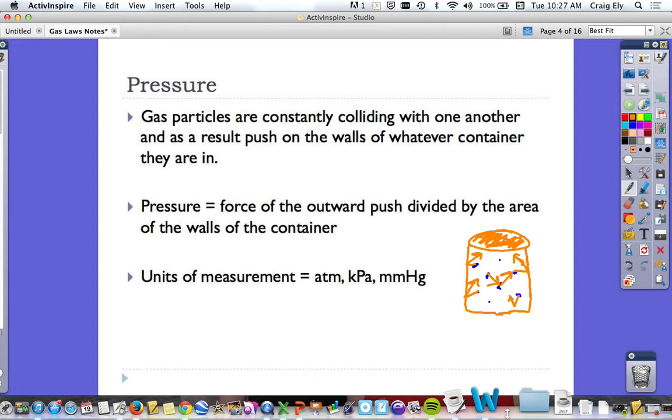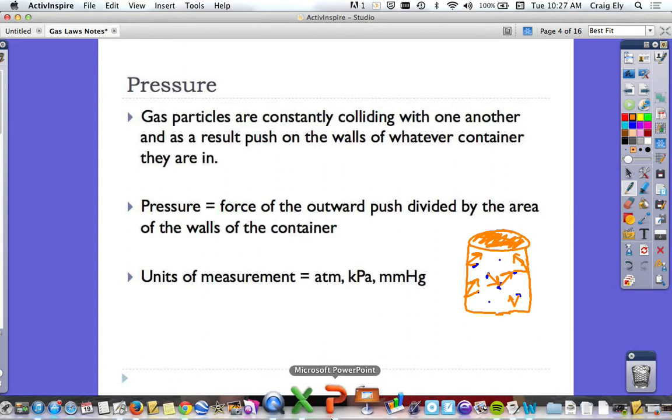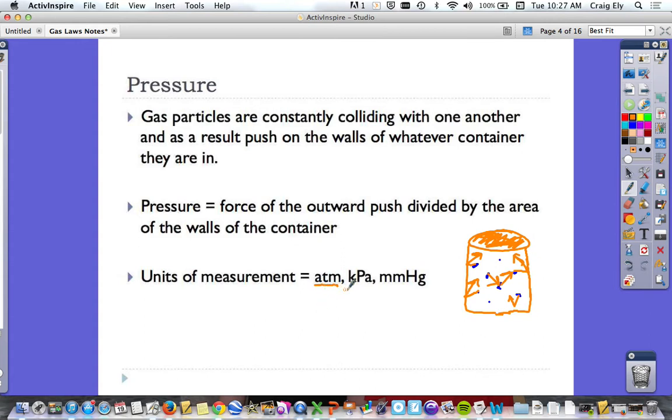The other thing I want you to notice about pressure is our units of measurement. There are several units of measurement for pressure, but we're going to focus on these three. We have atm, which is atmospheres, kPa, which is kilopascals, and mmHg, which is millimeters of mercury.